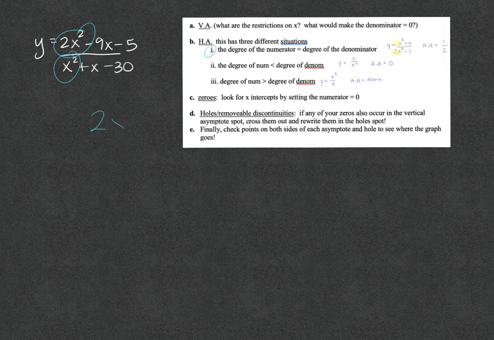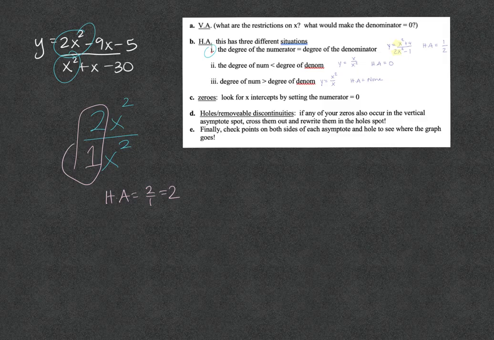So I'm going to write the 2x squared. I'm just going to put the leading coefficient, and I'm going to put the leading term. And we're going to just care about the coefficients of both. So that has a 1. So what you do when the degree of the numerator and the degree of the denominator are equal, you look at the coefficients, and you just say the horizontal asymptote is equal to 2 over 1, which is the same as saying 2.